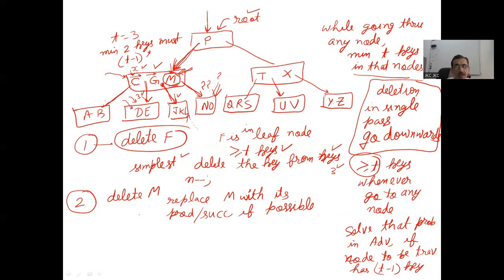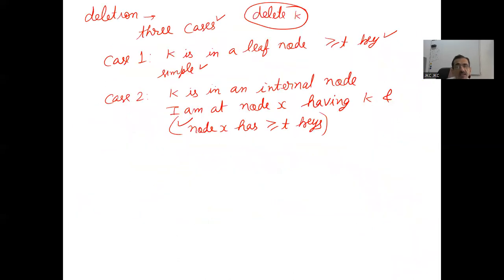So what will be the rule? I take case 2a: if the preceding child has greater than or equal to t keys, means from that side deletion etc.